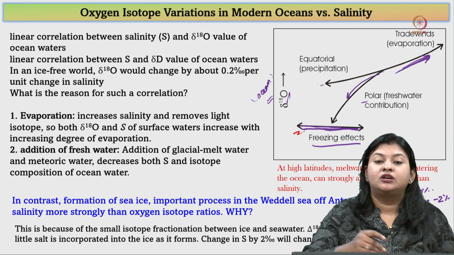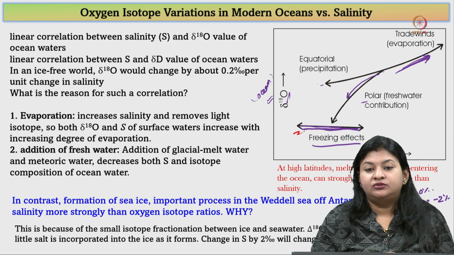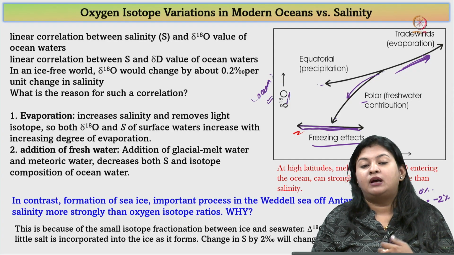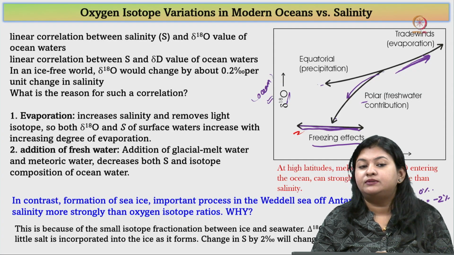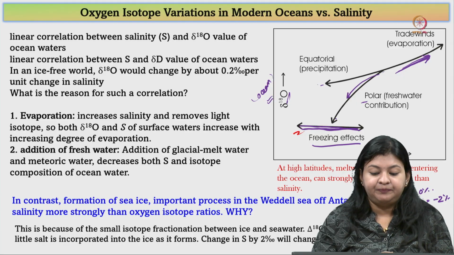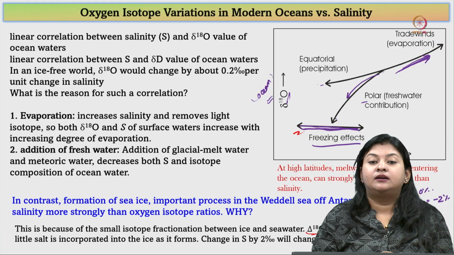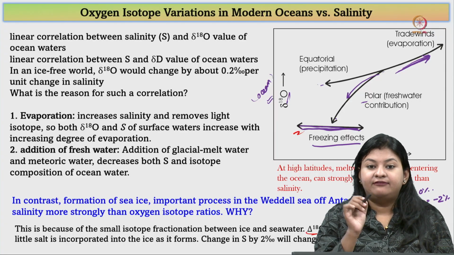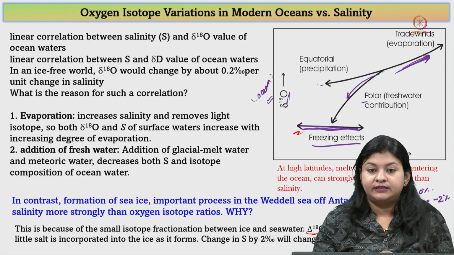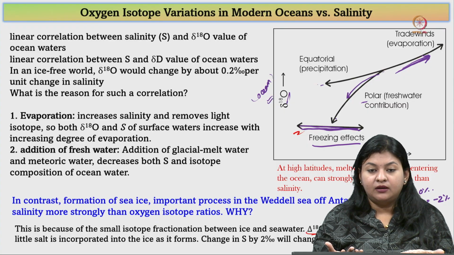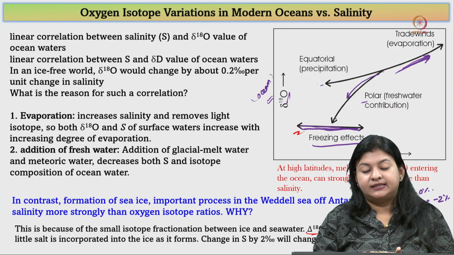Therefore, we see such shallow changes with respect to delta 18O, but much more rapid change with respect to salinity. And that is because of the difference in the delta value of 18O between the sea ice that is forming and the water itself.